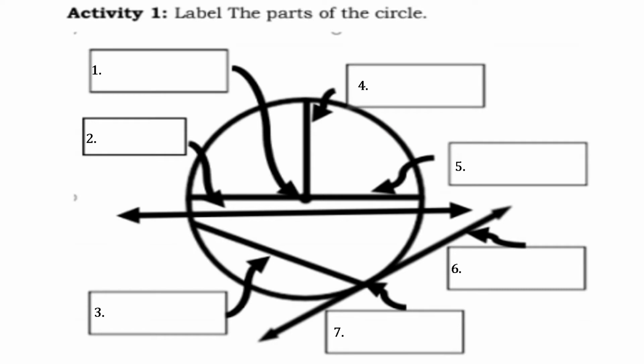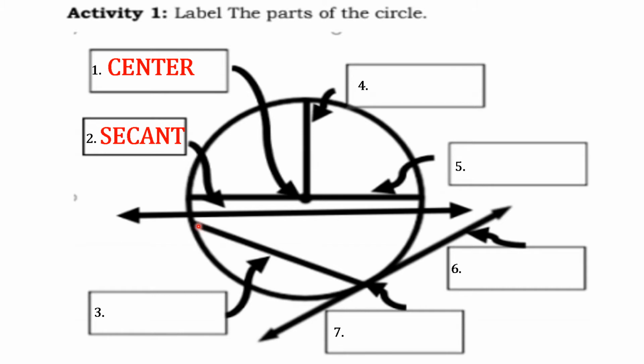So last time we've studied about circle. Let us label the parts of this circle. For number 1, we have this point. We call it center. Number 2, this line. Correct, that is secant.